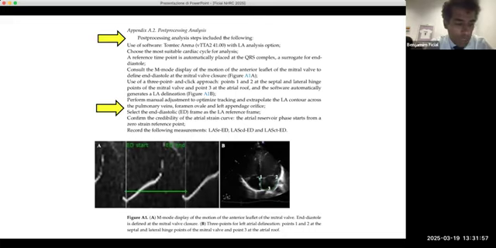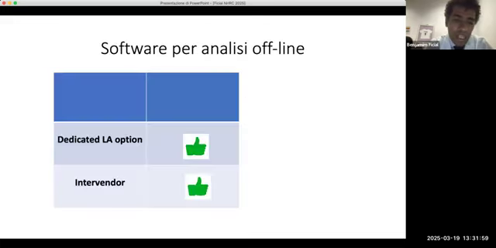Moving to the offline analysis, it is essential to use a software with a dedicated LA option. We cannot use the LV option to analyze the strain of the atrium. We use TomTec, and I find it excellent for this purpose. And the major advantage is its ability to work with clips from different scanners, making it inter-vendor compatible.